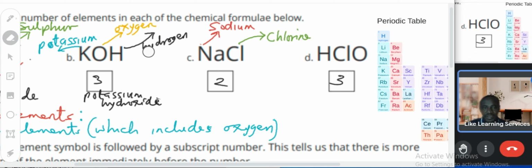What's the name of HClO? Pardon? What is the name of HClO? Hydrogen chloride of oxygen. Anyway, that's beyond your scope.